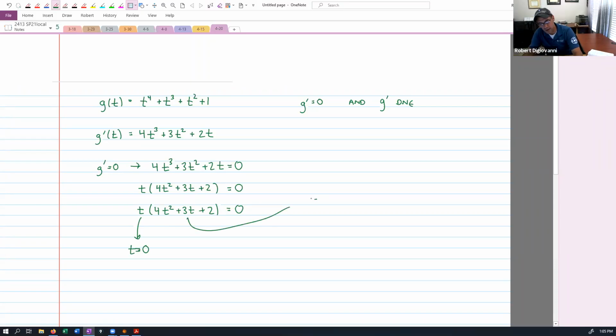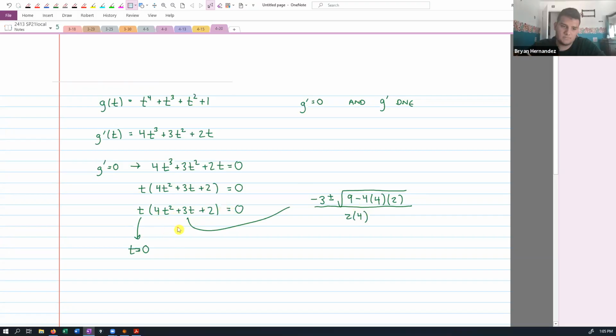So our solutions are negative b plus or minus the square root of b squared minus 4 times a times c, all of that over 2 times a. Understand what I'm doing there, Brian? Yes. And so from this, something interesting is going to happen underneath the radical here.